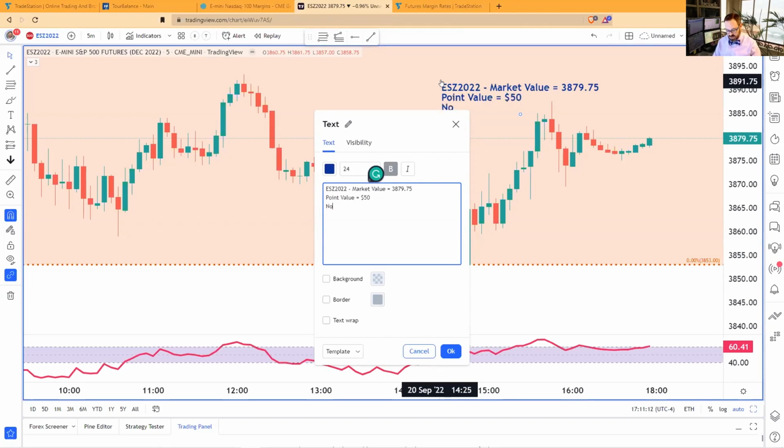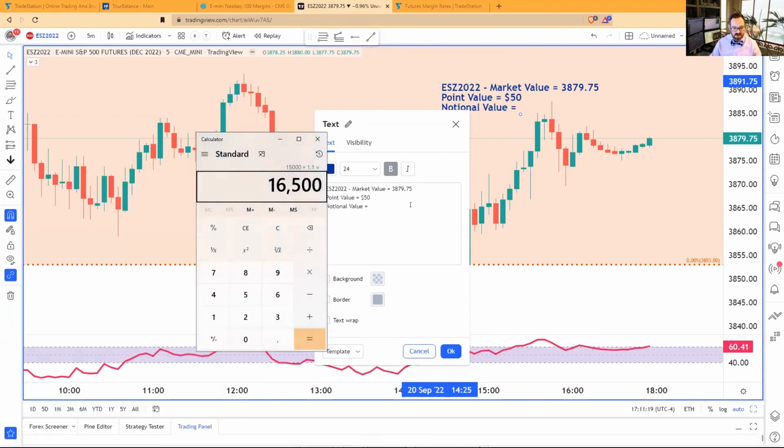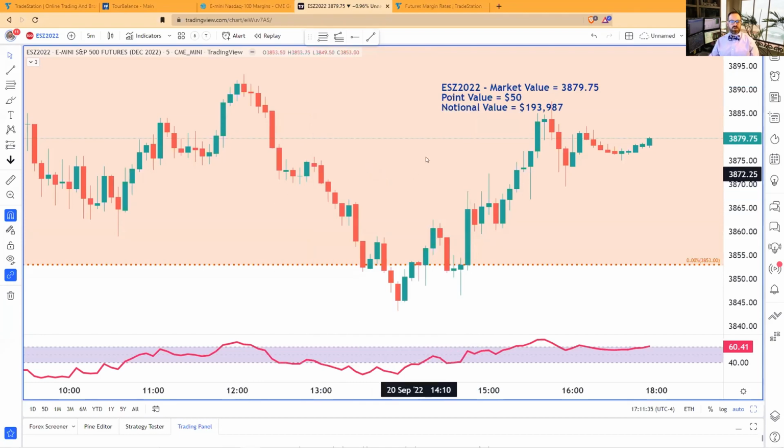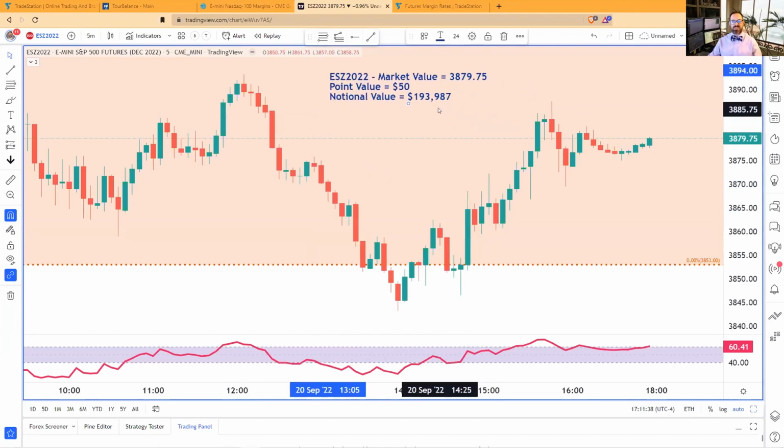So basically the notional is going to be those times each other, which I'm not going to do in my head. 3879.75 times 50 is 193,987. It's basically what the contract is worth. We're trading $193,000 worth of stock by trading this contract. So when you're doing spreads on futures, you actually need to use notional values for those futures. And you've got to be delta neutral as well.